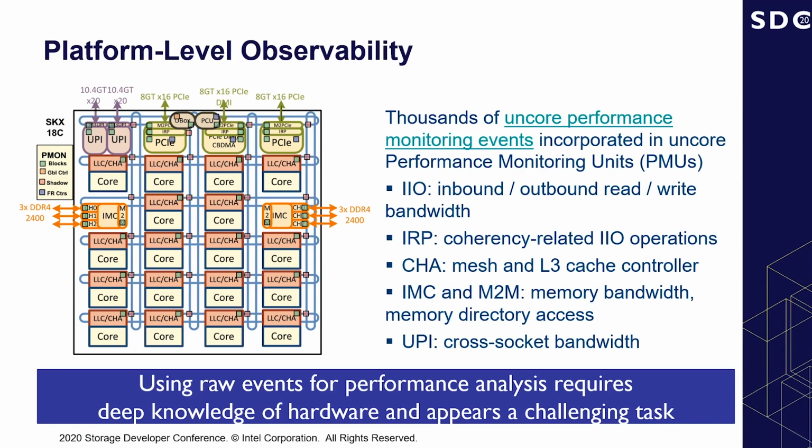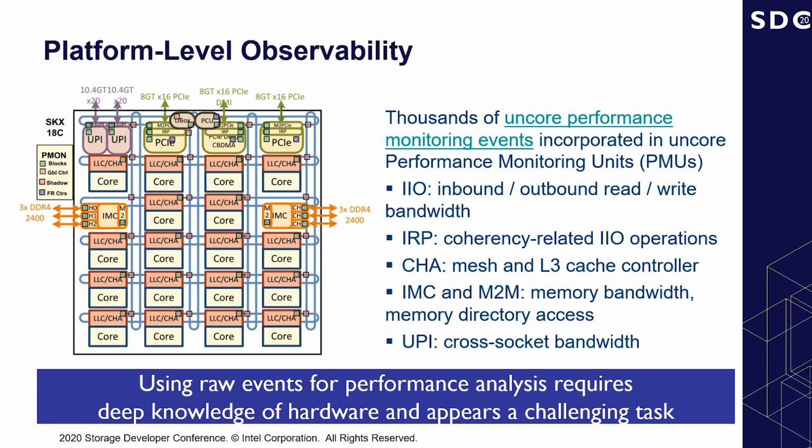On the inbound path, incoming traffic is first handled by the integrated IO block. The IO block consists of several sub-blocks, and going from the IO device side, the inbound traffic is first managed by the traffic controller. The traffic controller is covered by the IIO PMU.